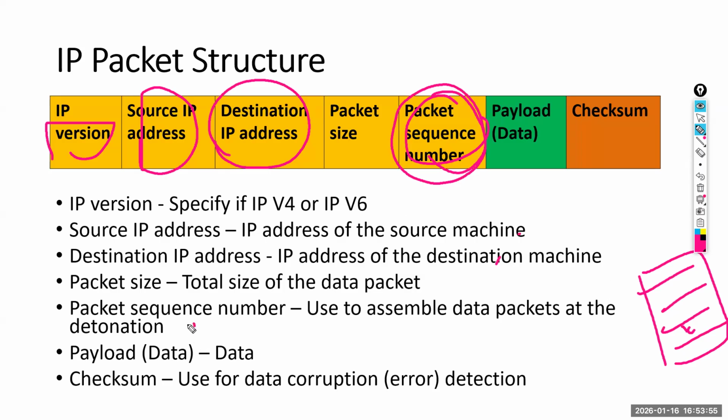That is why, when they break the data into packets at the source, they add a packet sequence number, so that at the destination it can be assembled in the proper way. And of course, payload is the data itself, and again some checksum for validation at the network layer. But the most important things are the source IP address, destination IP address, and packet sequence number.